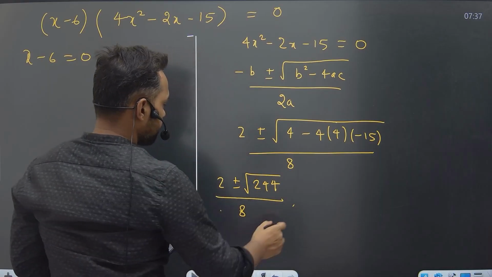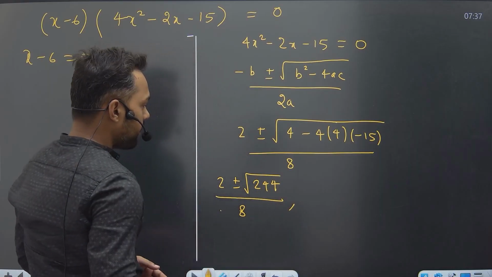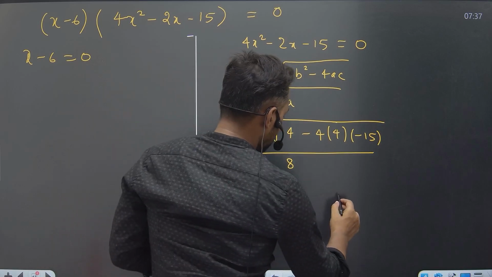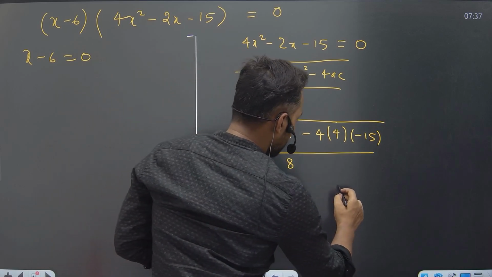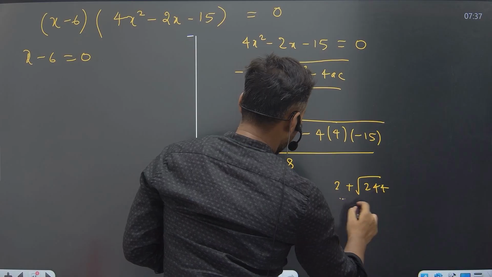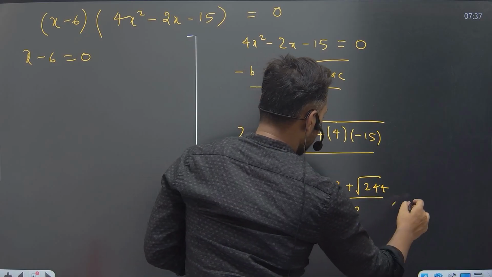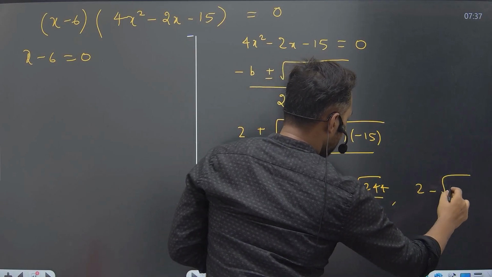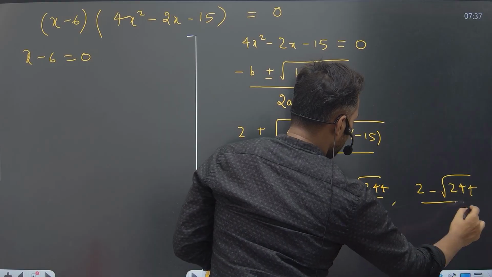So the first root of this particular equation will be 2 plus root 244 upon 8, and the second will be 2 minus root 244 upon 8.